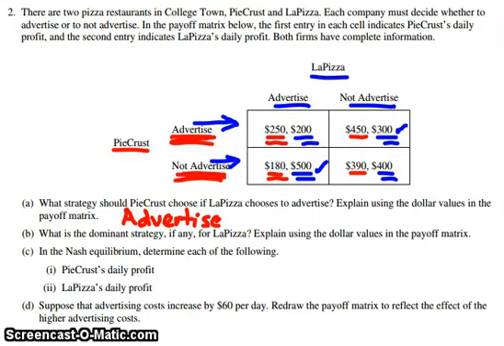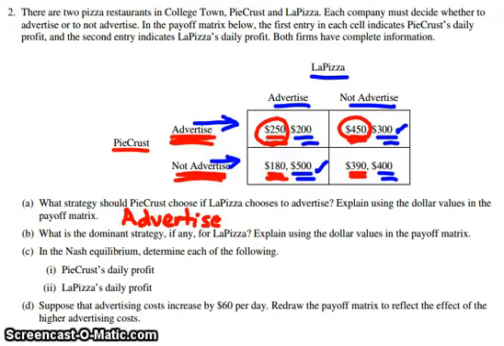When La Pizza advertises, Pie Crust is going to want to advertise. 250 is bigger than 180. When La Pizza does not advertise, again, Pie Crust would advertise. The payoff is 450 compared to 390.